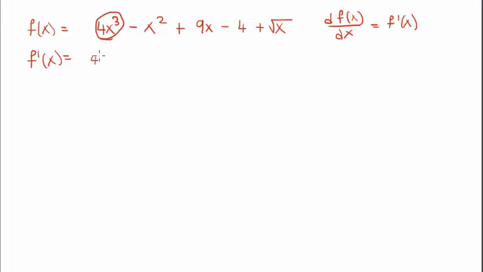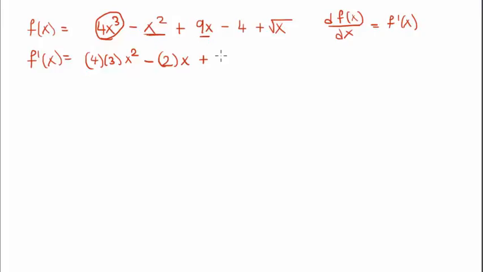So we keep the coefficient, bring down the exponent, keep the x, subtract 1 from the exponent, so that's 3 minus 1, so that's 2. This is a minus, so I keep a minus. Keep the coefficient is 1, I'm not going to rewrite that down. Bring the 2 down from the top, keep the x, 2 minus 1, so that's 1, so I'm not going to rewrite the 1.